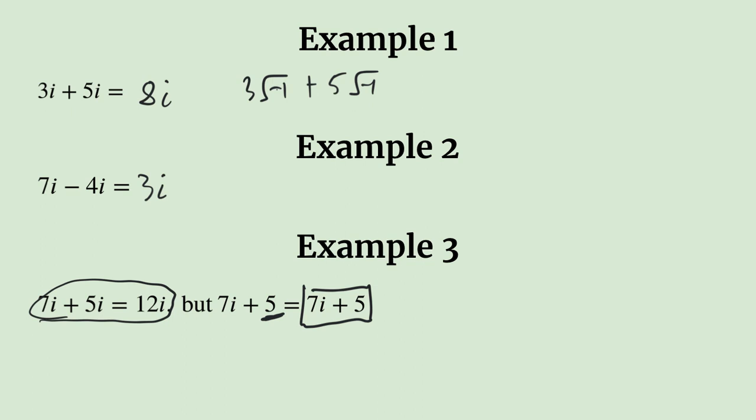We're trying to find what number we would plug in for x. Here, i is specifically equal to the square root of negative 1. So i does represent a number, and the same number every single time, whereas if we had 7x plus 5, this x right now could be any number, including i.